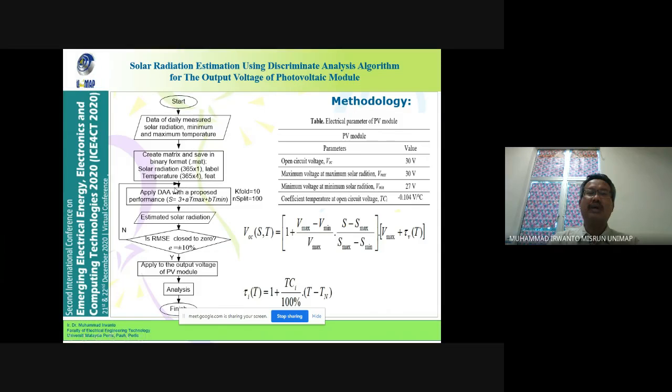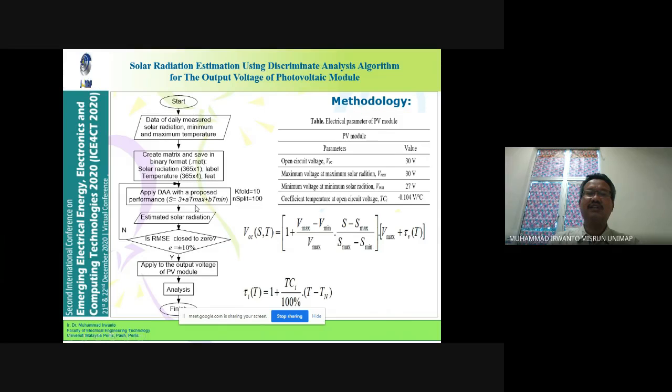When applying the DAA in this paper, we propose a formulation to increase the performance of the DAA.